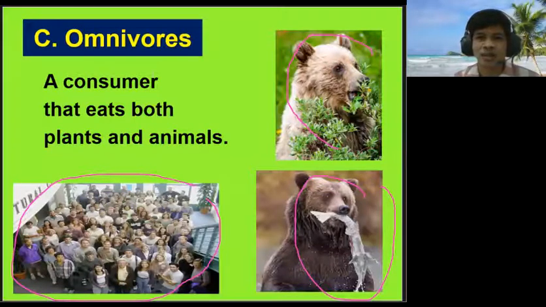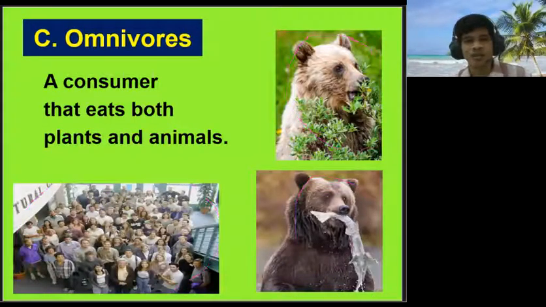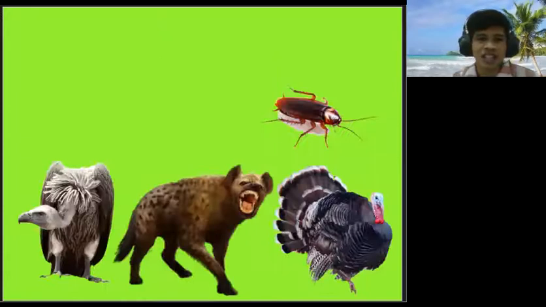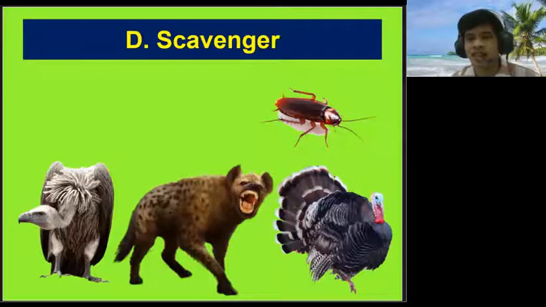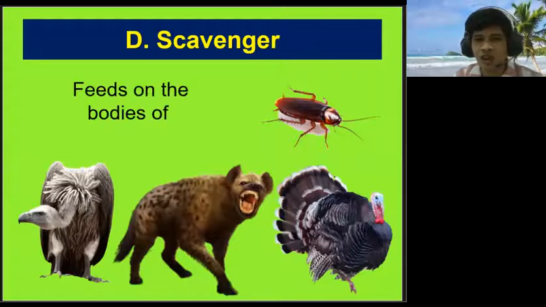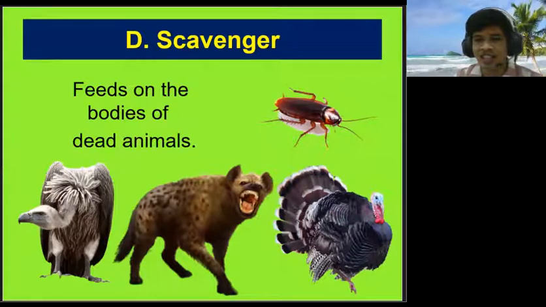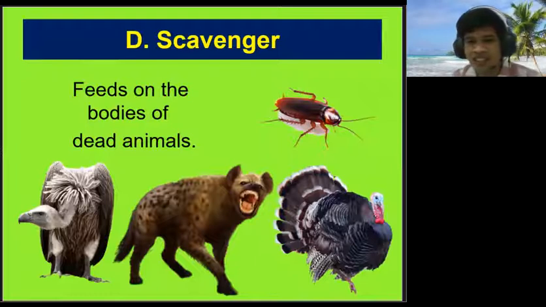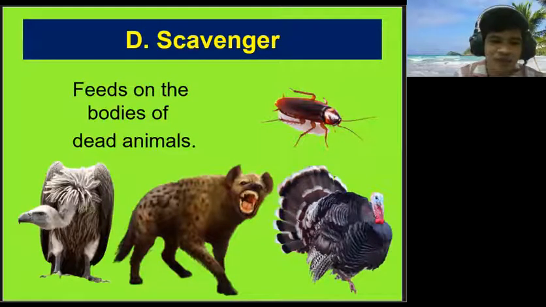Very good. Thank you so much for giving examples. And letter D is scavengers. Okay, scavengers. Scavengers are animals that feed on the bodies of dead animals. Okay, animals that eat dead animals.